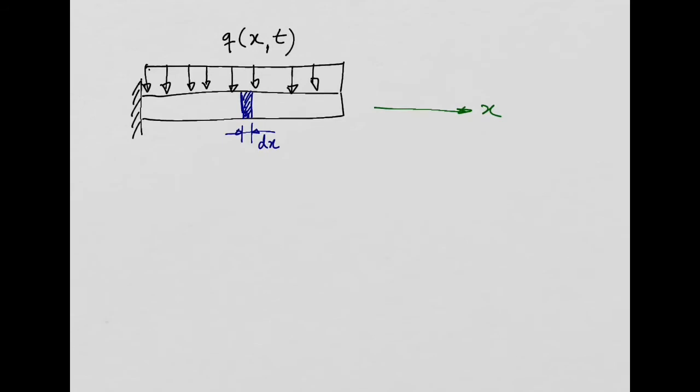All right, so let's look at this small element. I'm going to zoom in on this element here now. Imagine this is my element with length dx. This is that element of the beam with length dx.